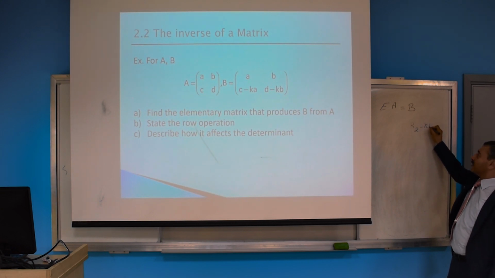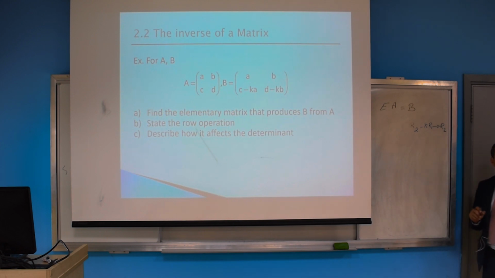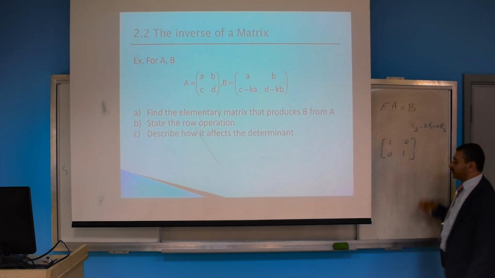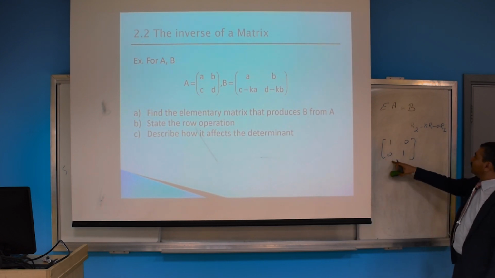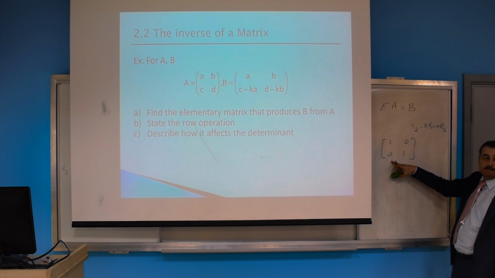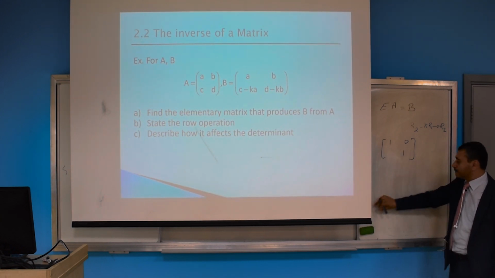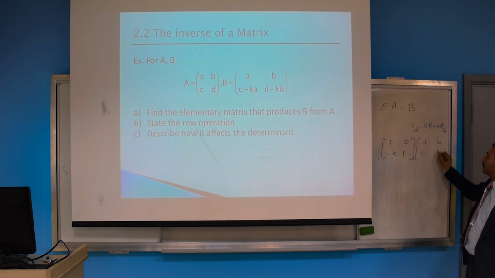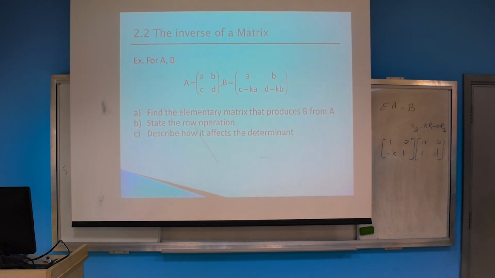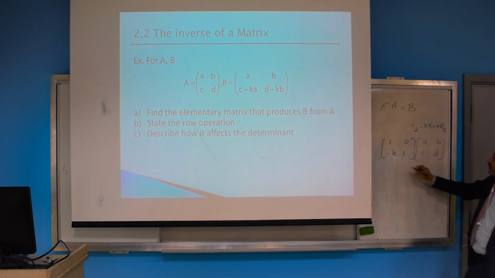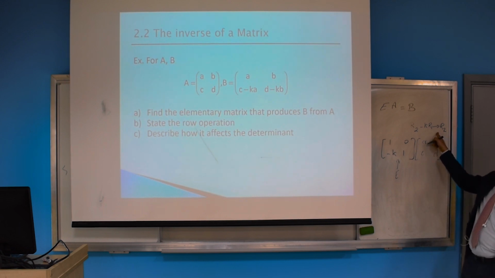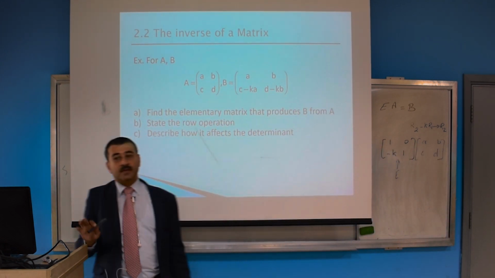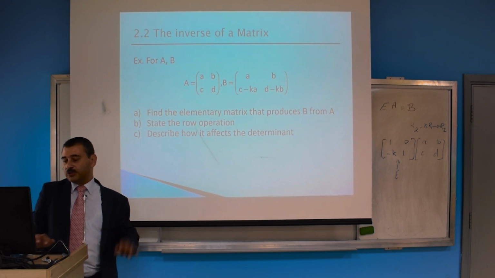R2 minus KR1 replacing R2 صح كده؟ apply this guy on the identity، identity اللي هي 1001، apply عليها الاوبريشن. يبقى replace R2، multiply دي by negative K وadd. يبقى هنا اكتب ايه؟ صح كده؟ يبقى دي المفروض multiplied by A, B, C, D you'll get this B، checked، يعني بقى تعملها check. يبقى انا جبت لك الاليمنتري ماتريكس اهي وجبت لك الرو اوبريشن والديترمينانت. الريليشن between the two determinants the same مش كده، عشان قلنا دي row replacement would not change the value of the determinant.